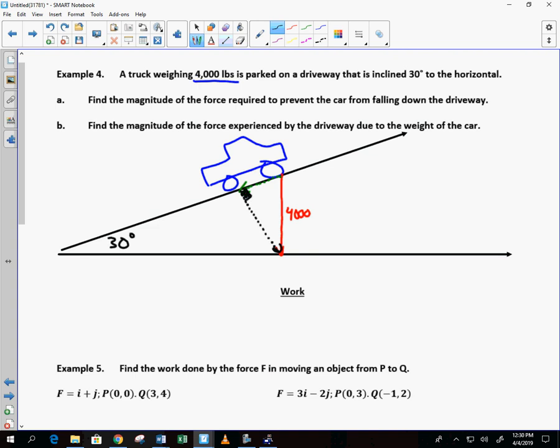And so there we have this triangle. It's a truck triangle. Very good. You are smart. Everybody okay with that? I've got a triangle. A represents the force required to keep it from rolling back down. B represents the force against the driveway.